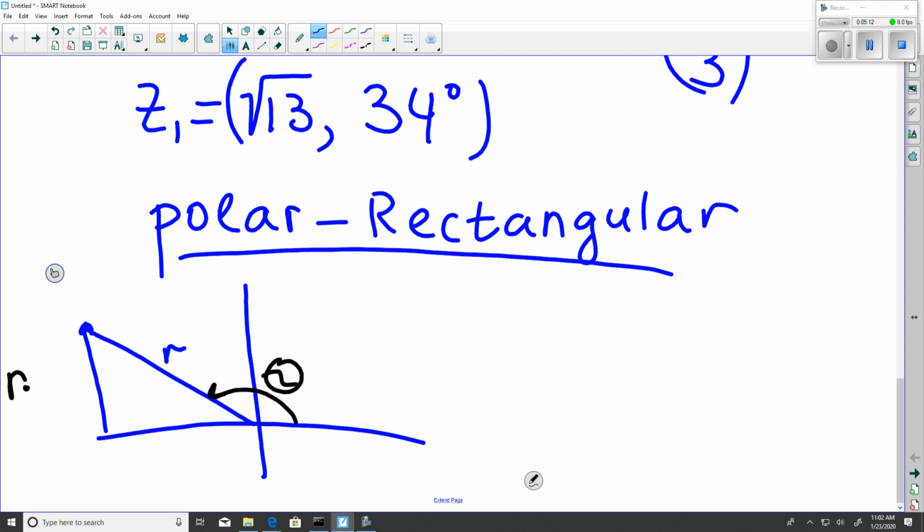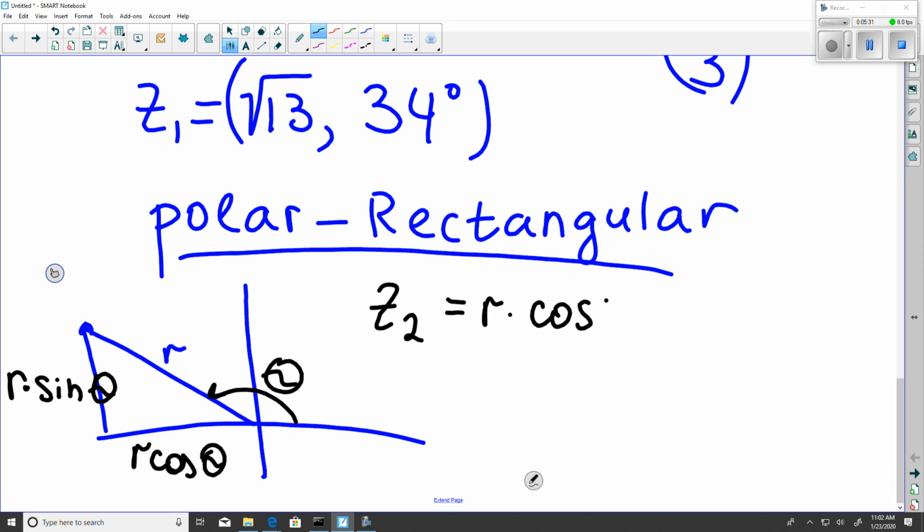Sine or cosine? Vertical. Sine, and to find horizontal, it will be r cosine. Which means I can express my, let's call it maybe Z2, just to make it different. Z2 will then have polar form, r times cosine theta plus, well, since vertical change is imaginary, i times r times sine theta. Also, we discussed this already. That's really the same thing we're talking about, with just implementing different terms.